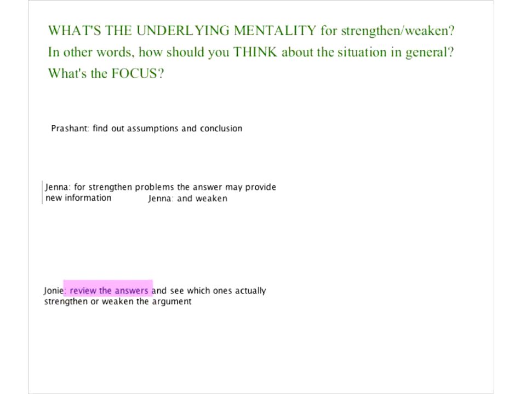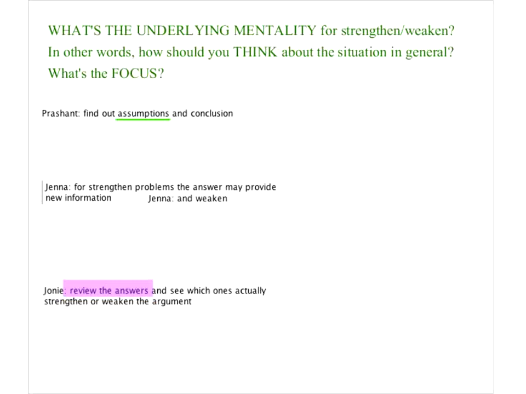So let's talk about these. Let's talk about the first one. Find out assumptions, maybe. That's usually kind of hard to do, and it's not terribly necessary in this case. So some commentary underneath there.